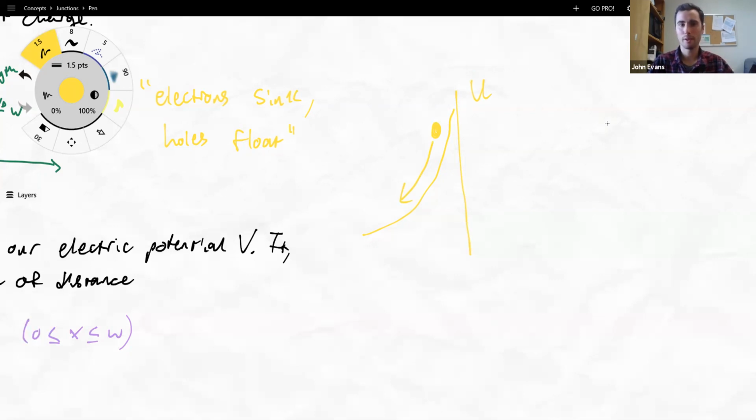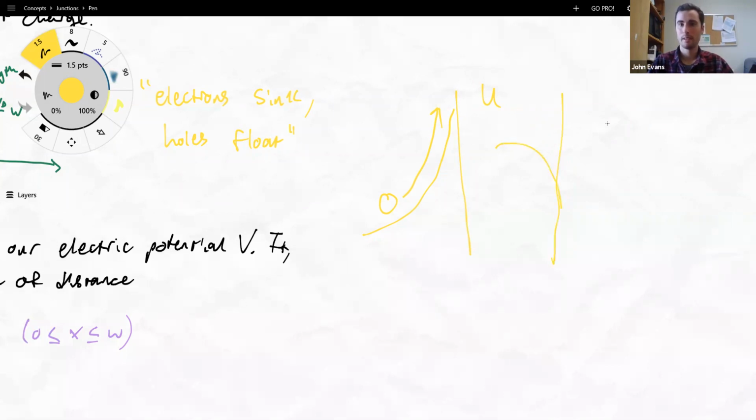So if the potential energy is bending up, the electron is going to have a hard time going that way. But if the potential energy is bending down, the electron is going to go that way rather easily. It's going to prefer to go that way. But holes, remember, are the absence of an electron, so they move the opposite way. So a hole floats. A hole actually wants to go up this way. If there's a barrier like this for a hole, that's actually favorable. It wants to follow that path.